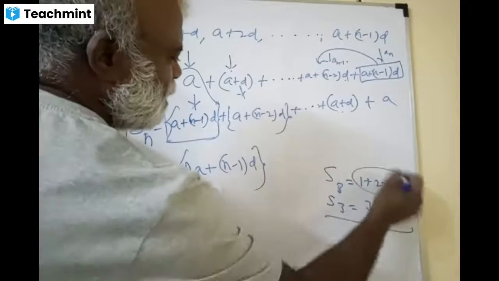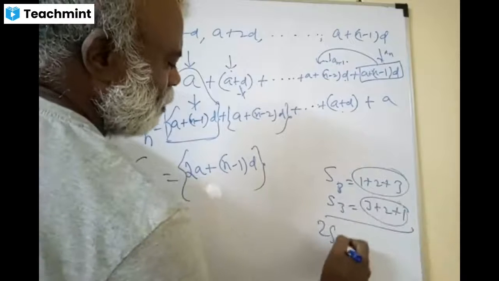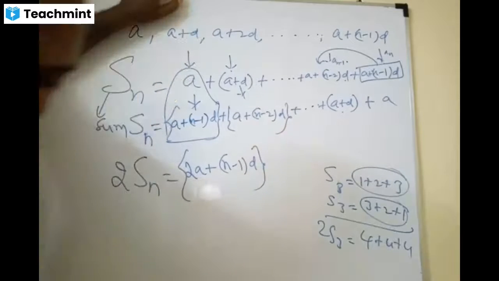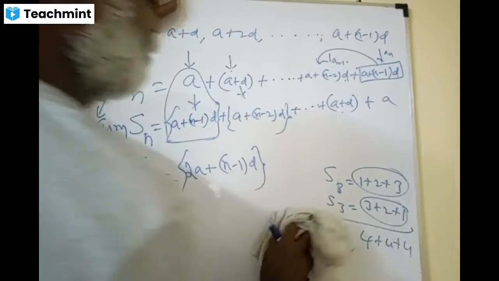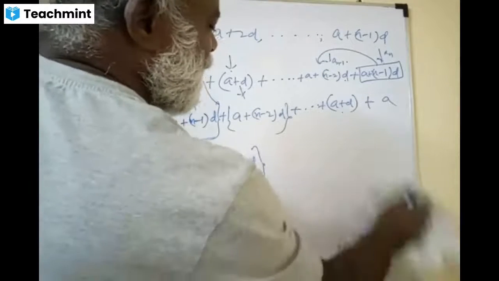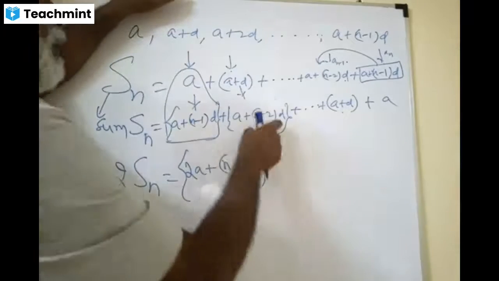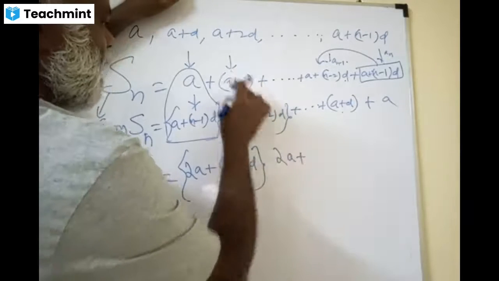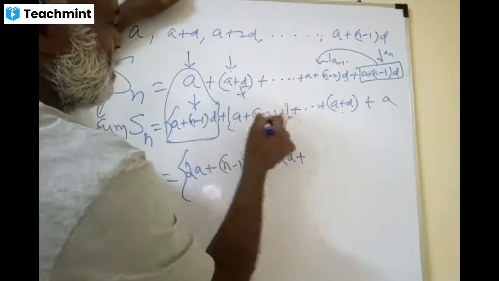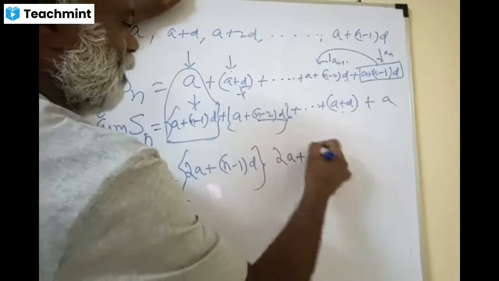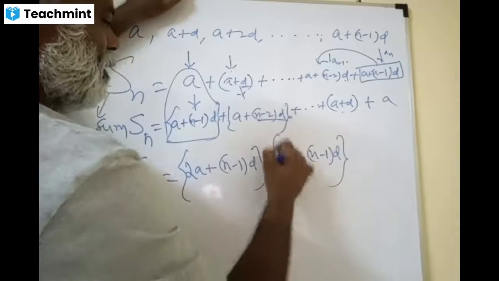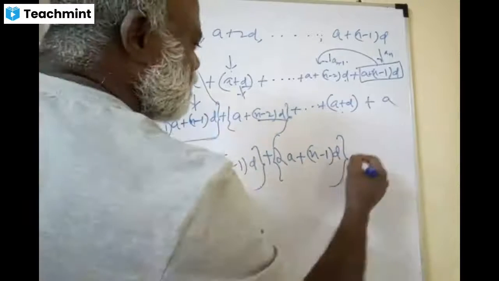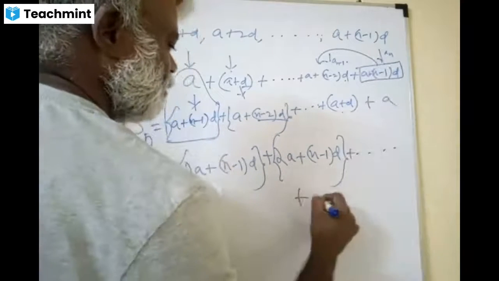If there are 3 terms here and 3 terms there, and I find 2S3, you get 4 plus 4 plus 4, only 3 terms, and each sum is the same. Here a plus a is 2a, and adding gives n minus 1 into d. So you will find that all these n terms are the same.